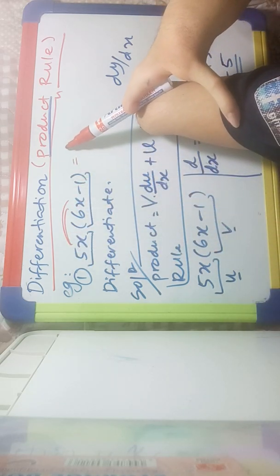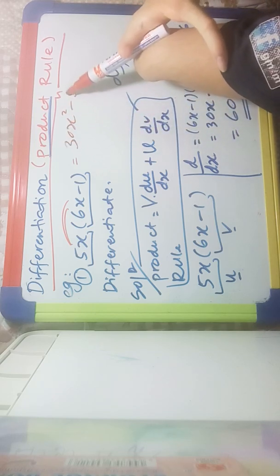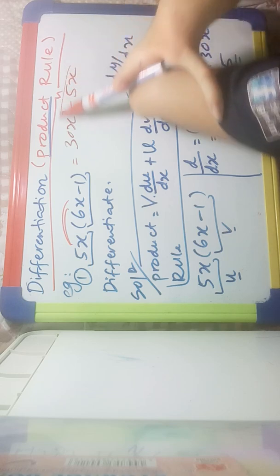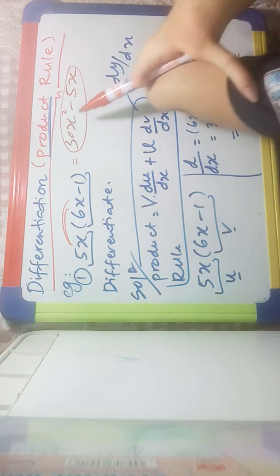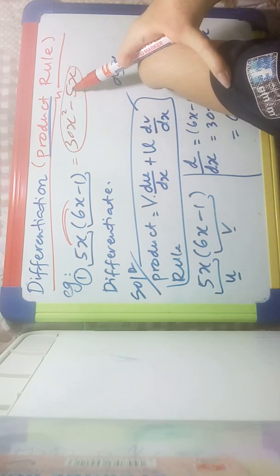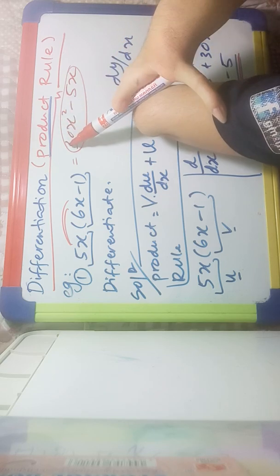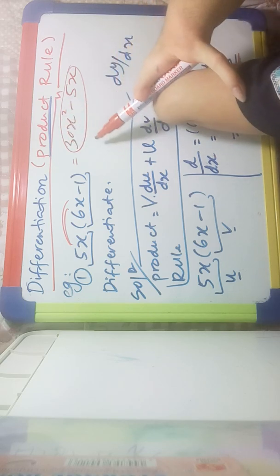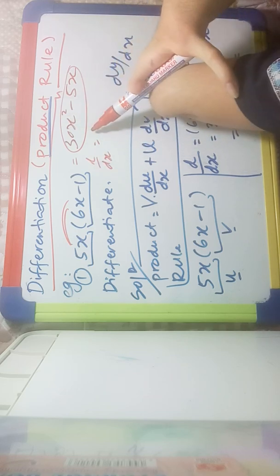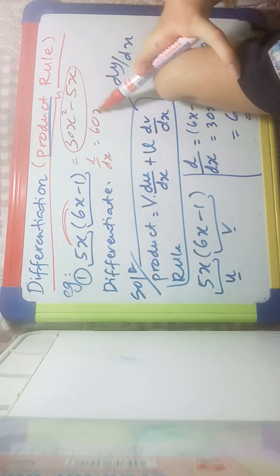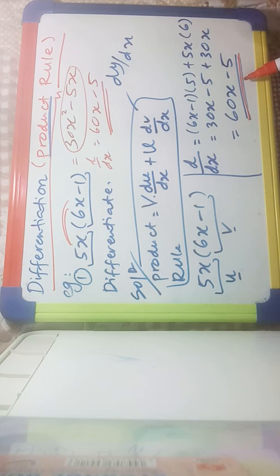When I expand this, I get 30x squared minus 5x. Let me differentiate this to check whether it is correct or wrong. Differentiate 30x squared: just use power goes down, power minus 1. So d dx is 30 times 2, 60, then x to the power 1, then minus 5. We get the same answer.